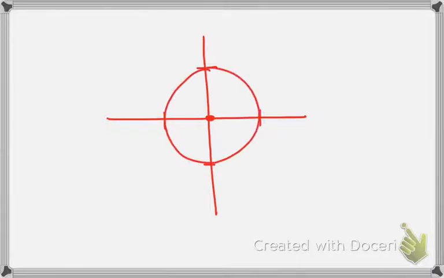That wasn't terrible. I know that the coordinates of this point right here would be 1, 0. The coordinates on the left side would be -1, 0. My coordinates on the top would be 0, 1, right? And my coordinates on the bottom would be 0, -1, right?